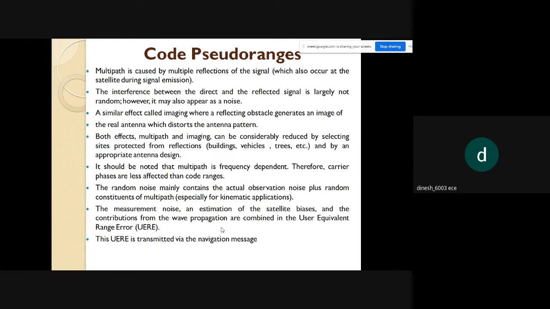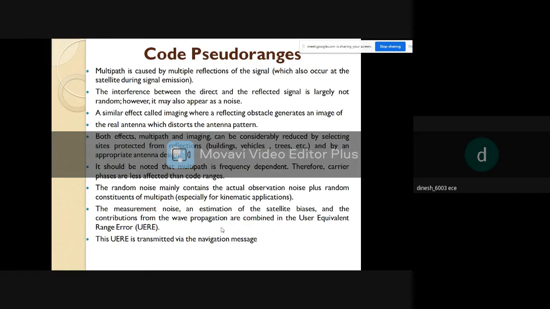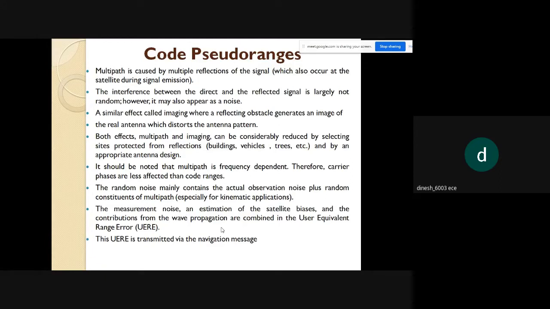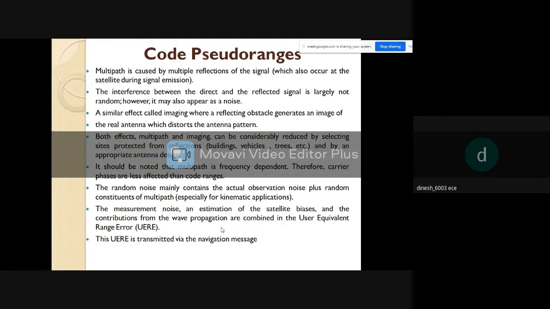The multipath is caused by multiple reflections of the signal that occur at the satellite during signal emission. This interference between the direct and the reflected signal is always a noise that is random in nature.